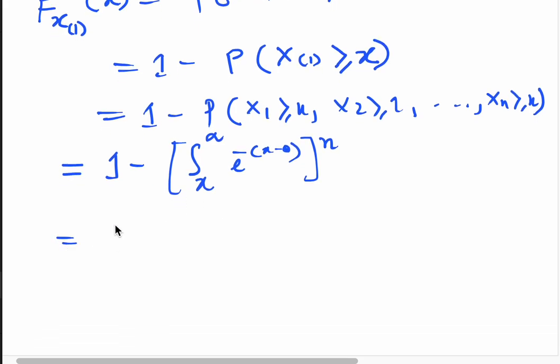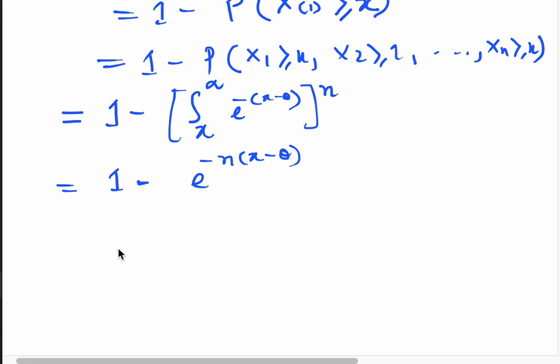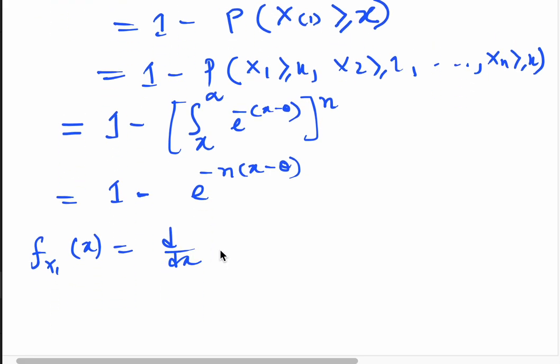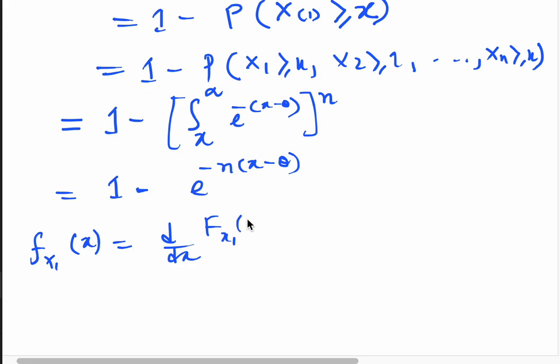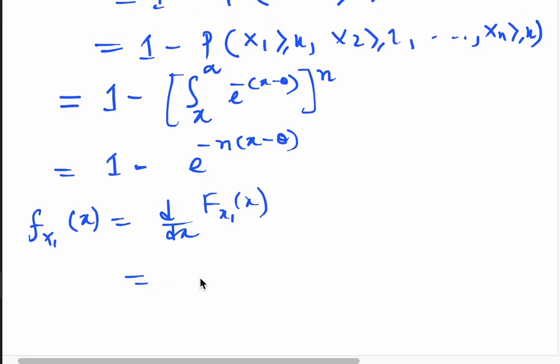So this will be 1 minus e to the power minus n(x minus theta). And what will be the PDF? The PDF will be the derivative with respect to x, f of X(1) at x, that is n e to the power minus n(x minus theta), where x is greater than theta.